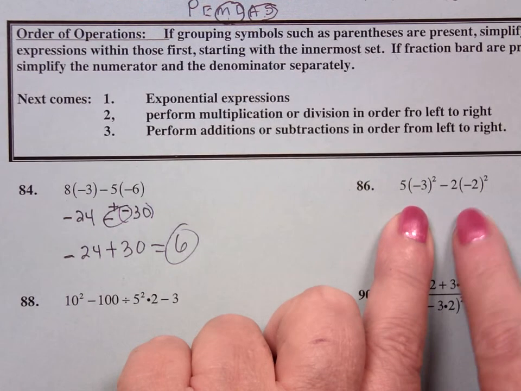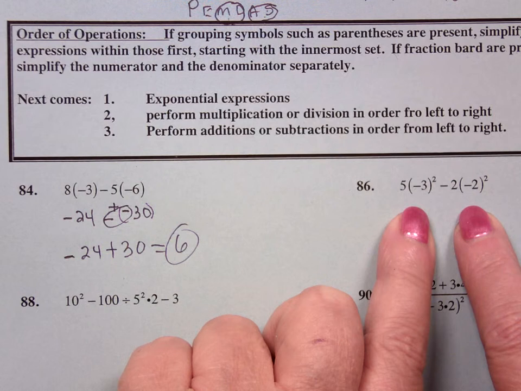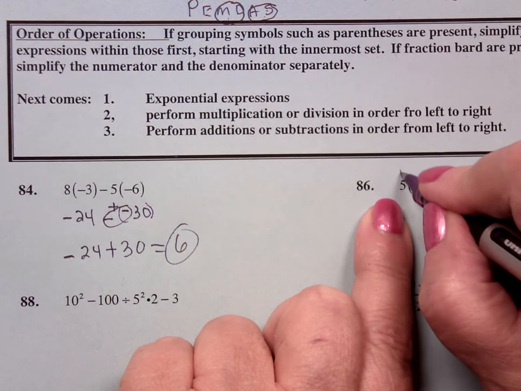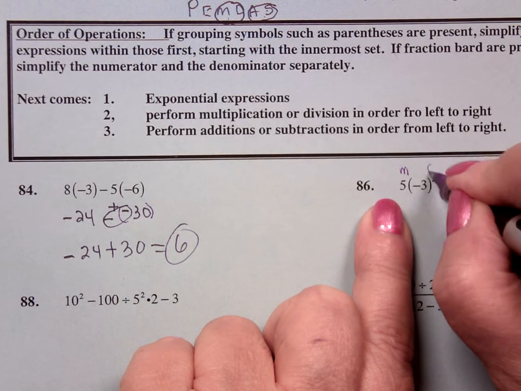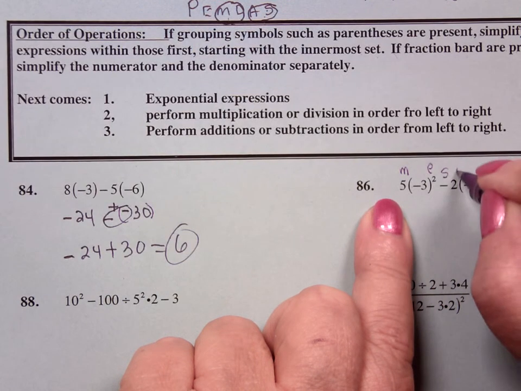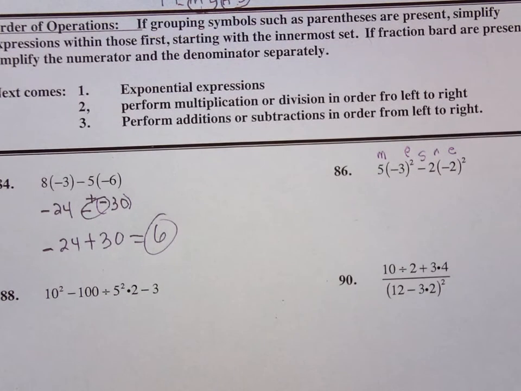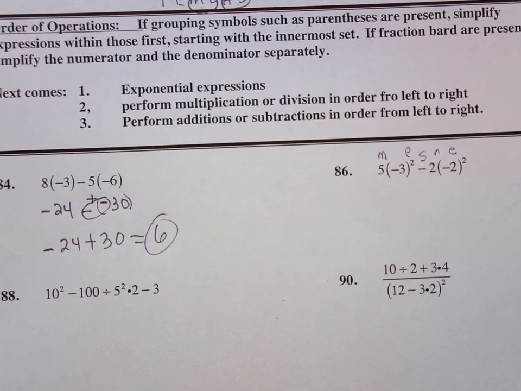Now, if I look at this one, exponents get done first before multiplications. I look at this as a multiplication, an exponent, a subtraction, a multiplication, and an exponent. Exponents have to get done first, because I can't take 5 times -3 squared if I don't know what -3 squared is.